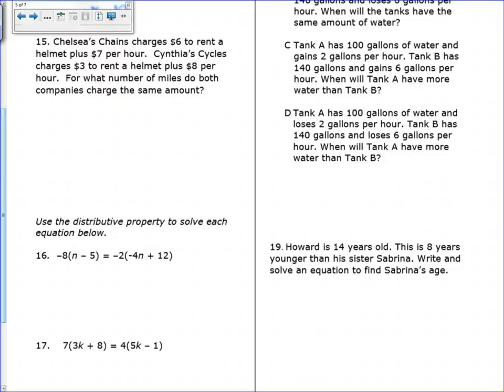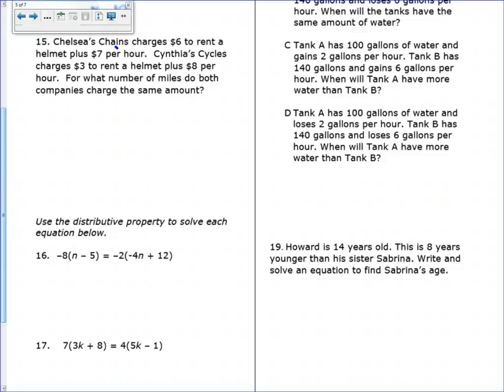Number 15. Chelsea's Change charges $6 to rent a helmet and $7 per hour. Cynthia Cycles charges $3 to rent a helmet plus $8 per hour. For what number of miles do both companies charge the same amount? So to start, we're looking for the number of hours for them to charge the same amount.